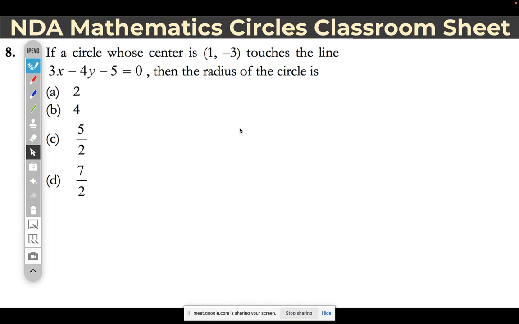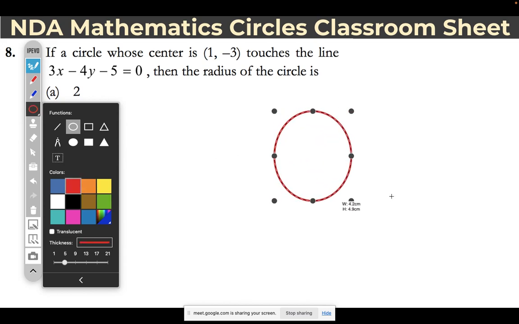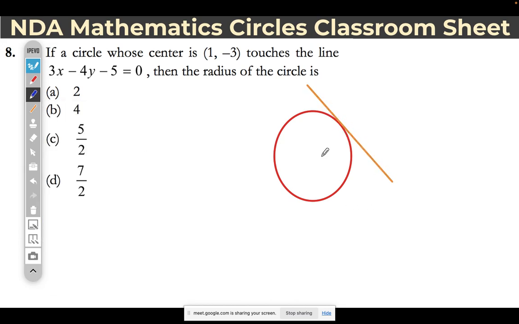The distance between the center and the tangent is nothing but the radius, right? Distance between the center and the line is nothing but the radius, right? Sir, 2. But you will get the answer. Fine.